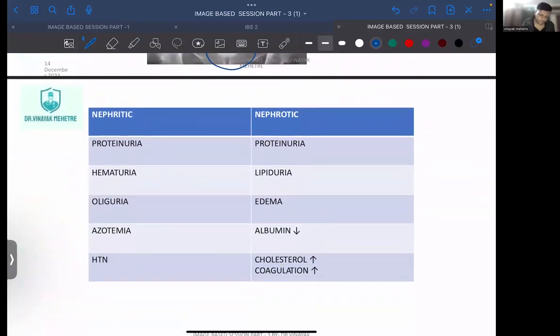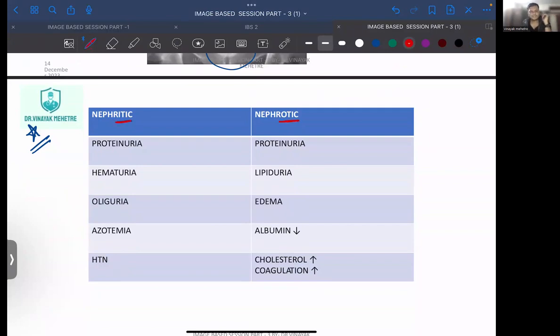And there will be one sure shot question from nephritic and nephrotic syndrome. Either they will ask you the classification or they are going to ask the disease. We are going to discuss this in detail. Now tell me, nephritic syndrome, itic, and nephrotic, confusion happens here. What is itic and otic?